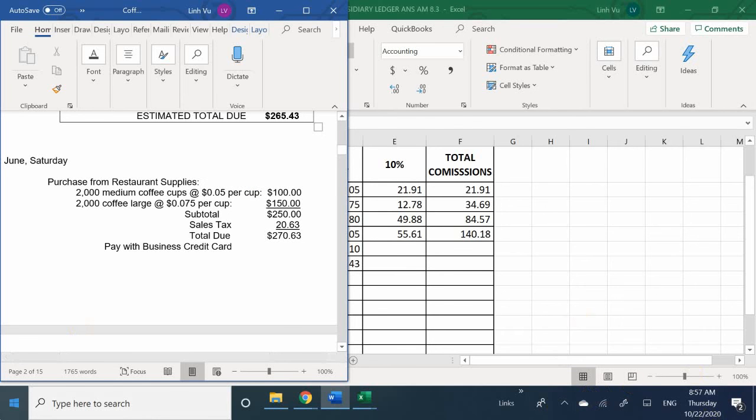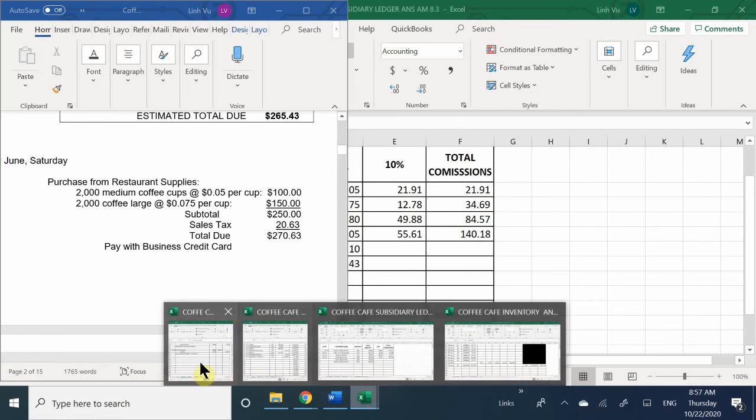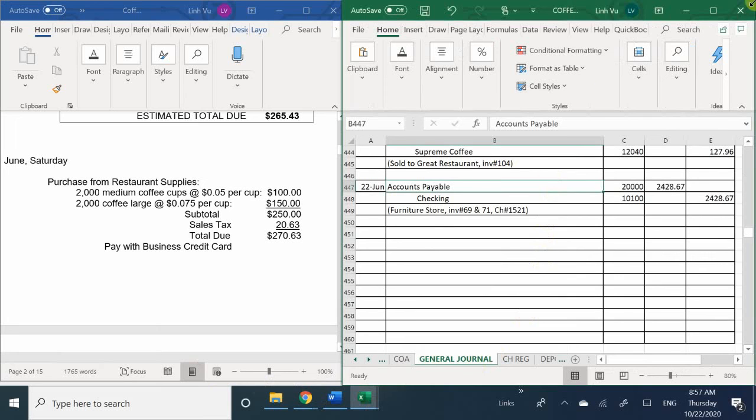On the general journal, medium coffee cups.